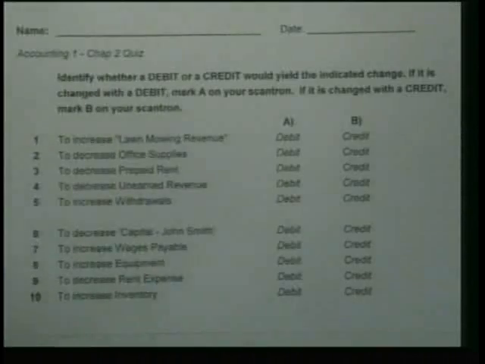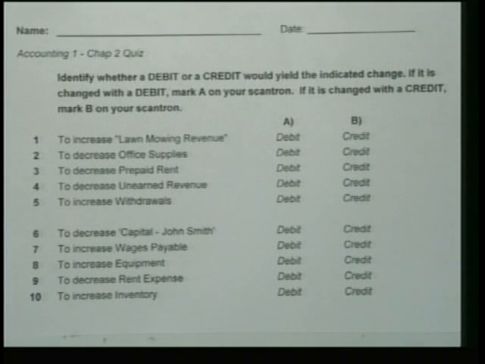Now, I have a question like this on the test, and it's interesting. When I look at how people did on this section, if they did really good on it, most of the time they did pretty good on the test.